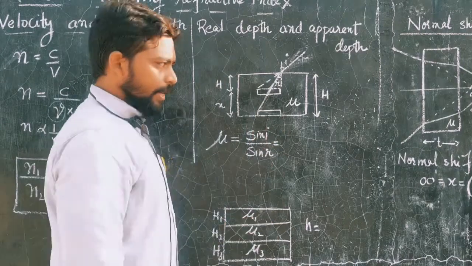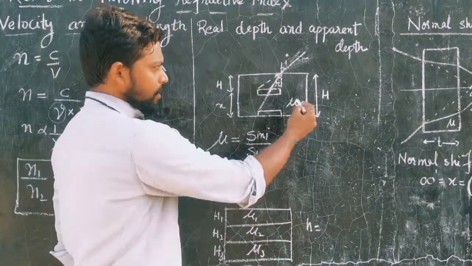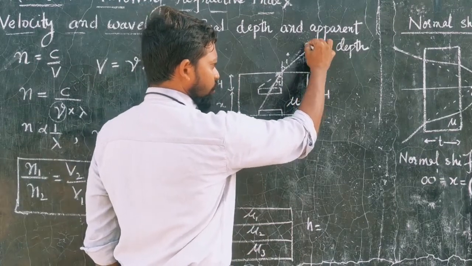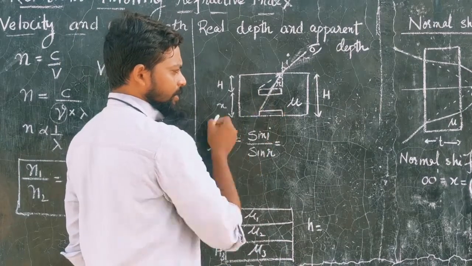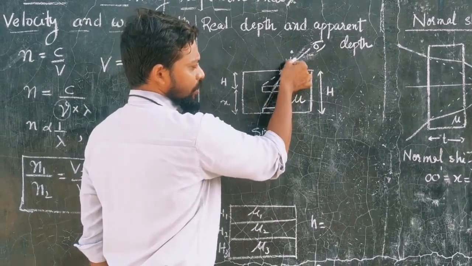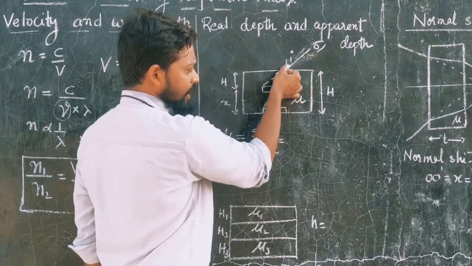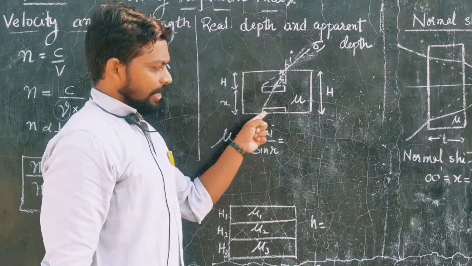Let us say the real depth of this coin is capital H. The person who is watching from outside will feel that it is actually raised, because the light traveling from the coin is bending, but we perceive that it is coming from here. So we feel that this coin is raised.